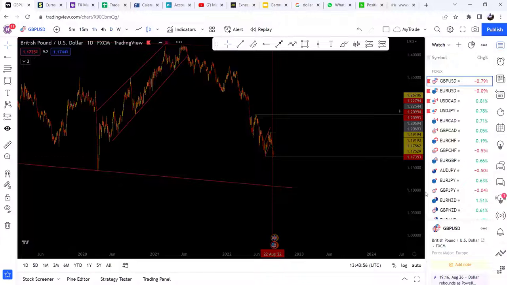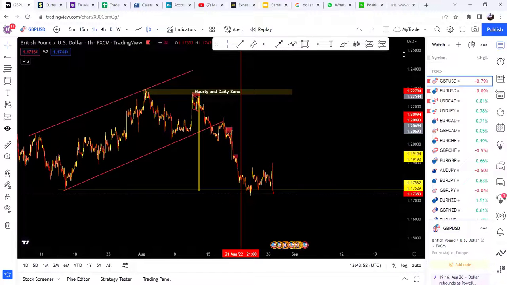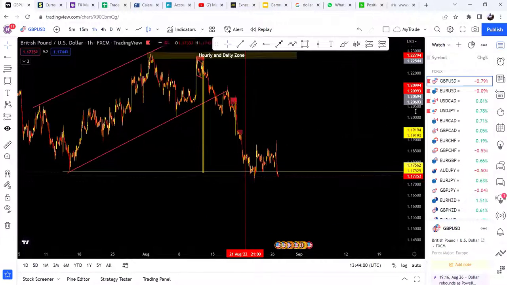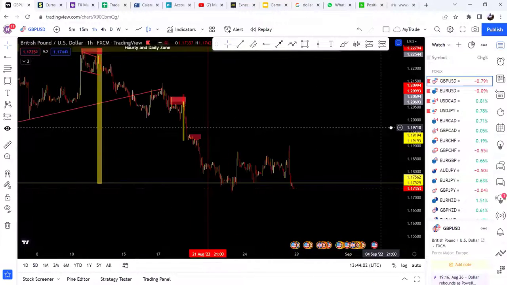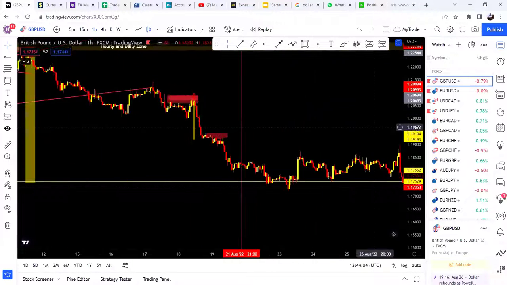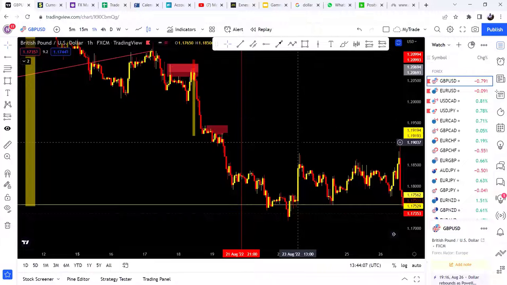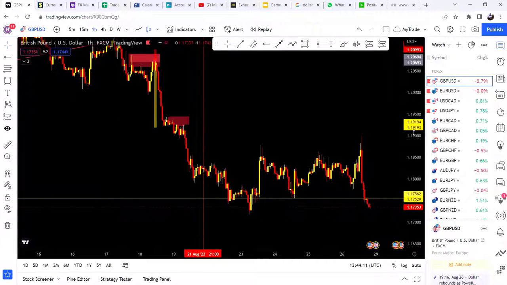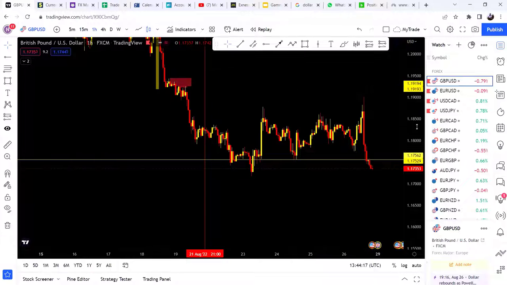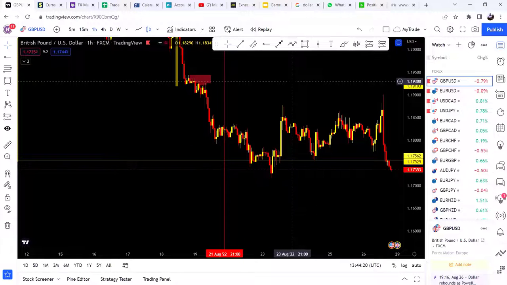So let's go back to the lower time frame to see how we would have taken entries on GBPUSD. So whenever I'm working on this, first of all, I have to get my zones, so that I'll be waiting for price.